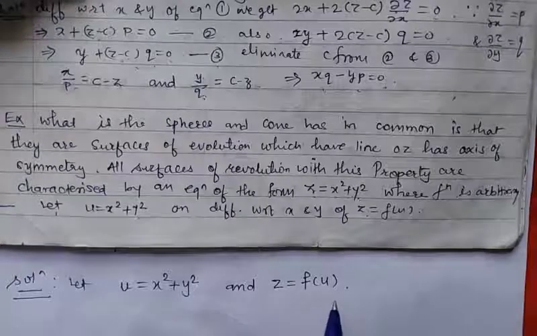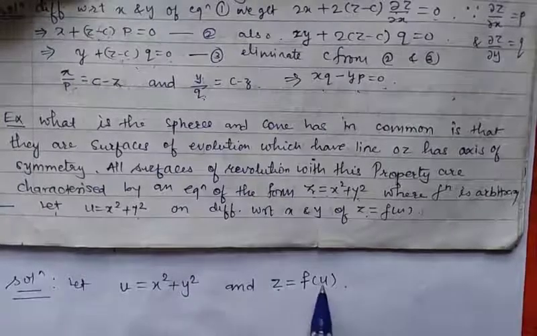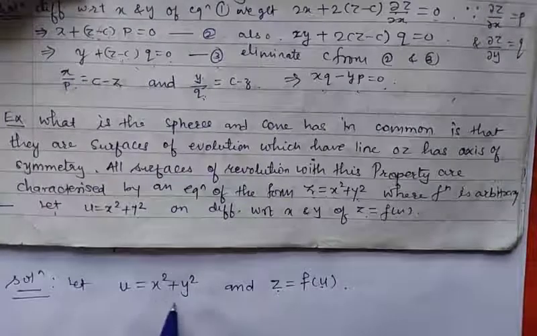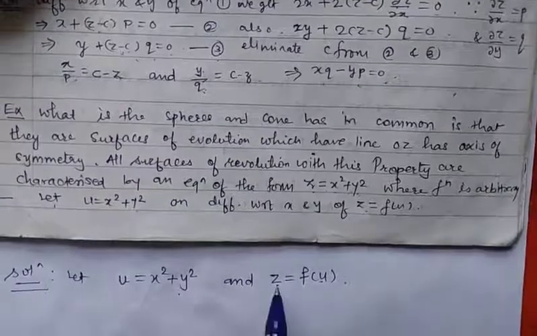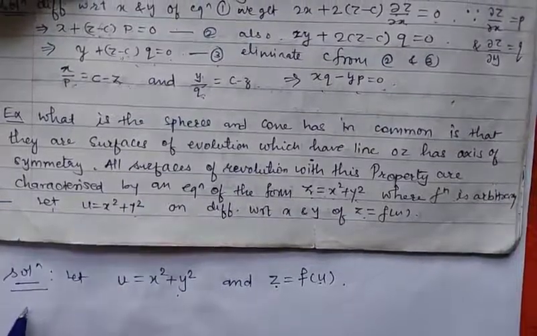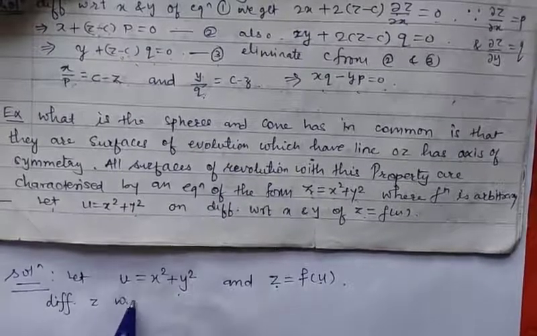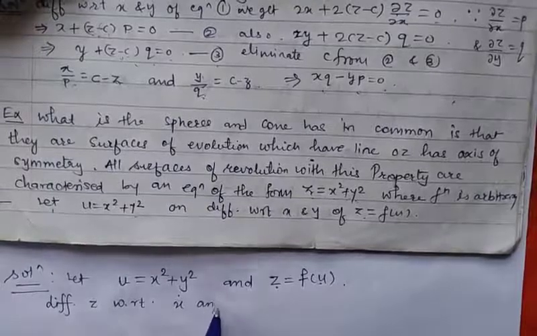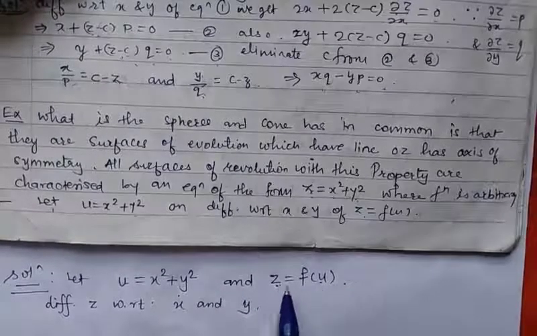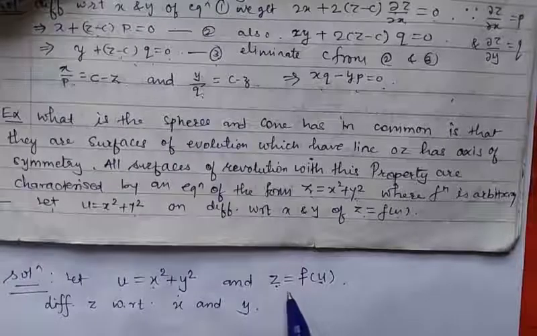Now, for removing the arbitrary function, z is a function of u and u is a function of x and y. Now differentiate z with respect to x and y. Here z is a function of u and u is a function of x and y, so we will use the chain rule.